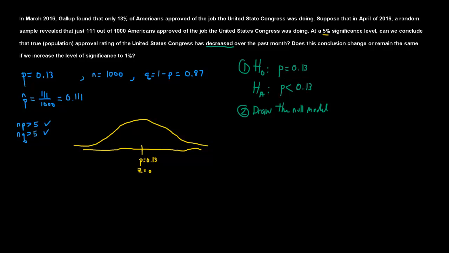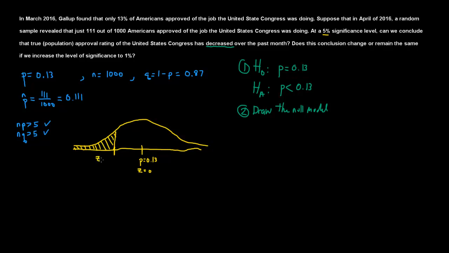That means we're going to be using a left-hand tail test. So a one-tail left-hand test. So our rejection region is going to be the left tail. So we want to find that critical value right there.